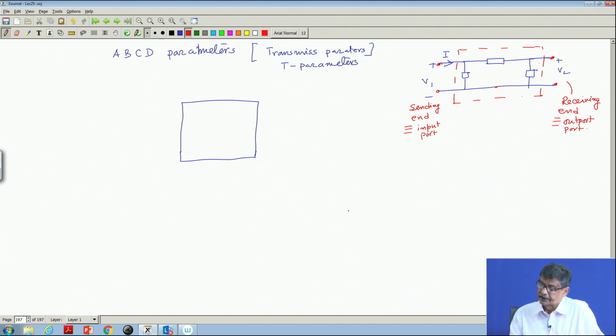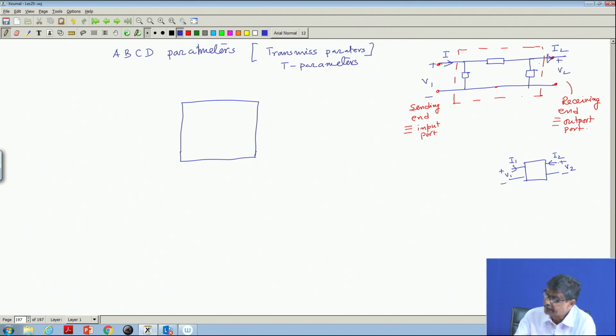Anyway, in transmission line work, what people are interested in involves a little difference in convention. What is that convention? While describing the current direction, it is taken opposite for I2. You recall that while describing the Z parameters, Y parameters and H parameters, I always took these to be the current directions and this to be the polarity of the potentials of the input and output port.